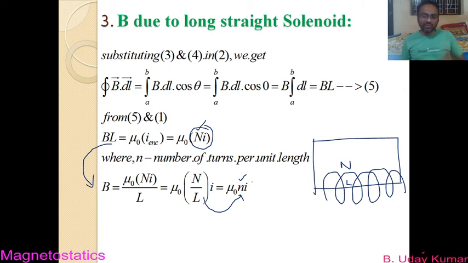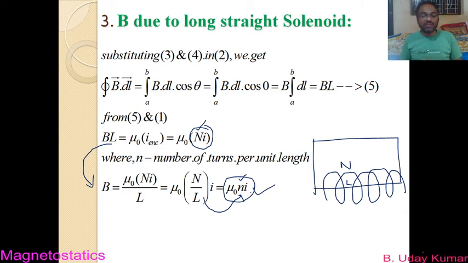And hence if you substitute that, it becomes the formula for magnetic field induction along the axis of the solenoid. So that is what you have to understand here.